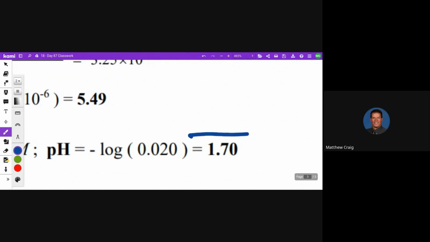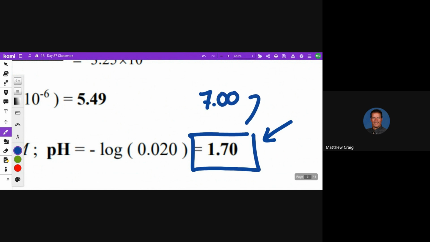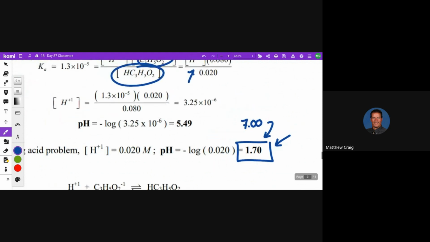So the pH now with this in pure water is 1.7. So it originally started at 7 and plummeted down to 1.7. And we would expect that because there's no hydroxide in the solution to absorb all of that hydrogen that was just introduced. So yeah, pure water is a terrible buffer.